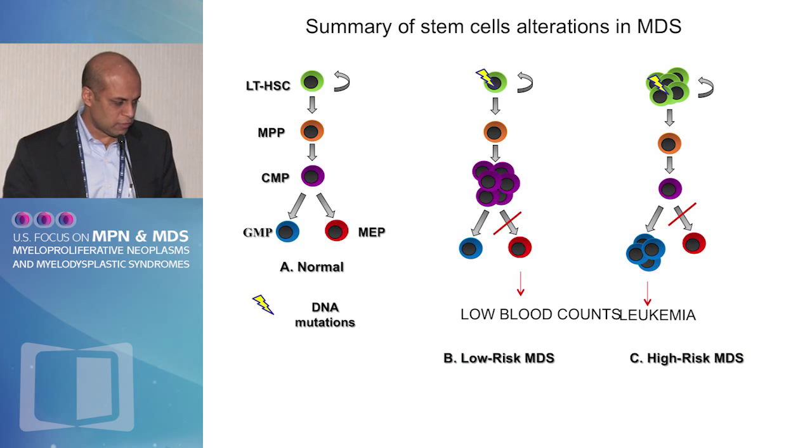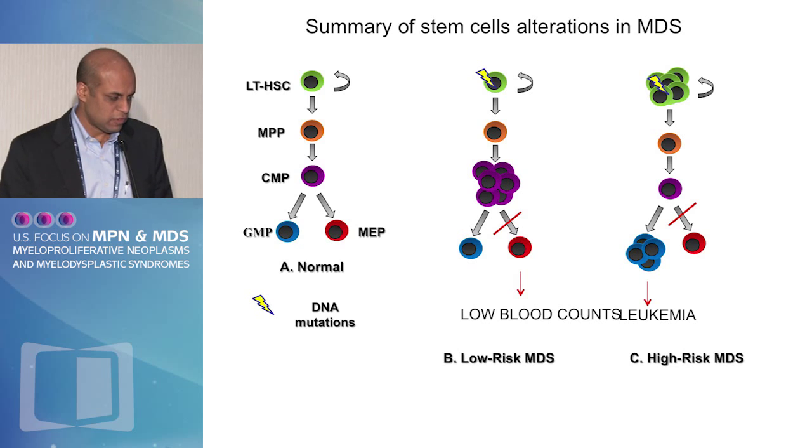The working hypothesis we had was that there is a hierarchy of differentiation: stem cells to multipotent progenitor, common myeloid progenitor, GMP, and megakaryocytic erythroid progenitor. This is what happens normally.